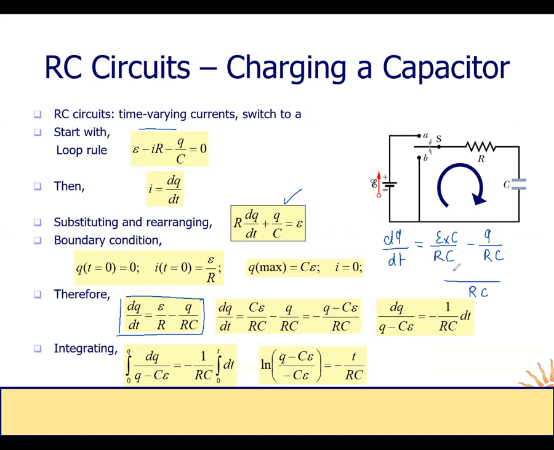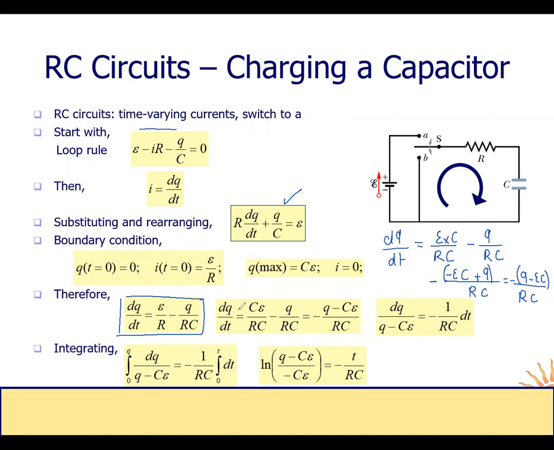So here we have epsilon or EC minus Q. Here we can take a common factor minus, so inside we have minus EC plus Q. Okay, we can write minus RC, we can change by Q minus EC.